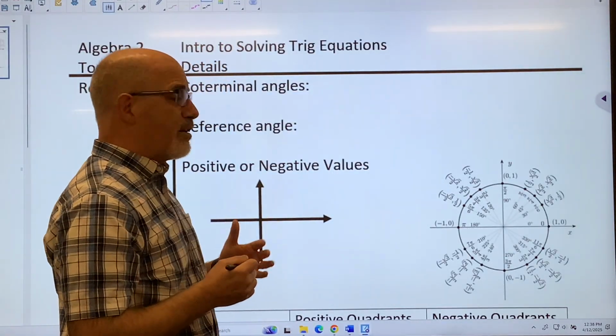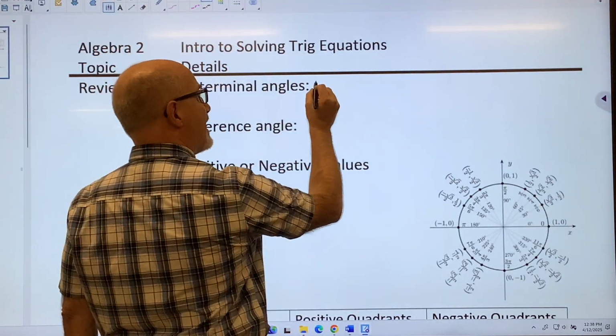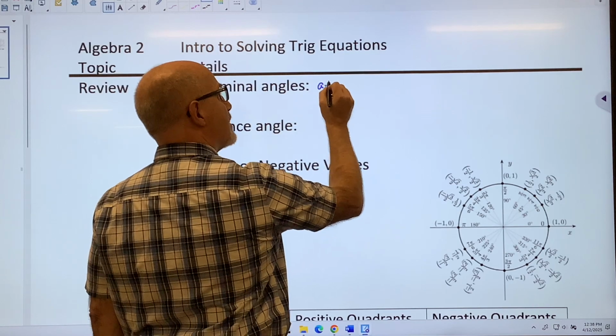First of all, just a reminder of what coterminal angles are. Coterminal angles are angles that end in the same place.